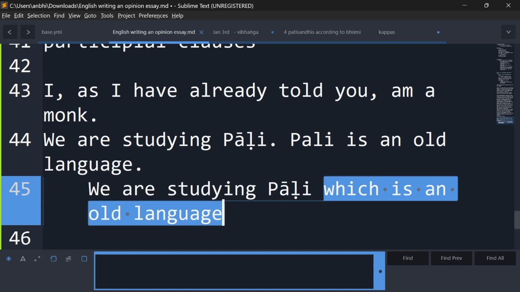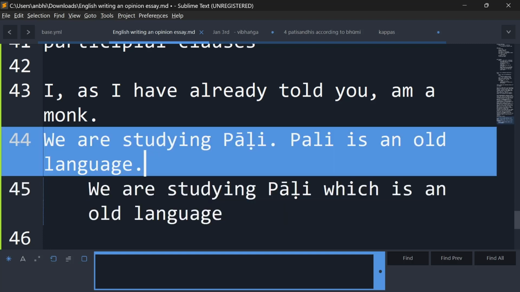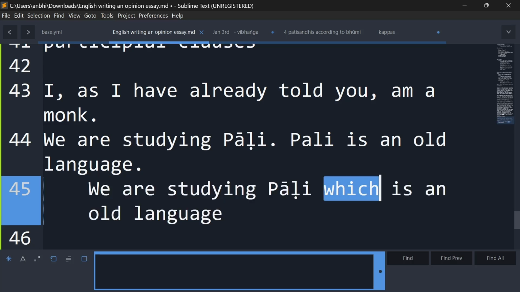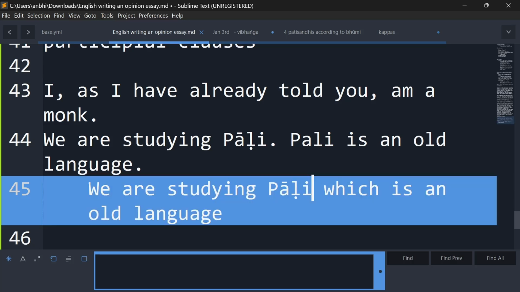So we are studying Pali is the first clause, and then you have a relative clause beginning with this relative pronoun. And then it acts as the subject of is an old language. The subject is which, and it refers to Pali.